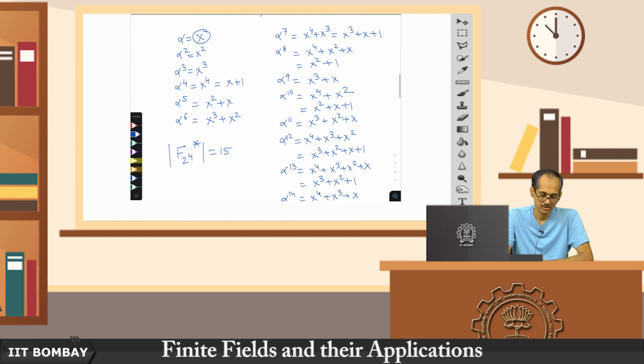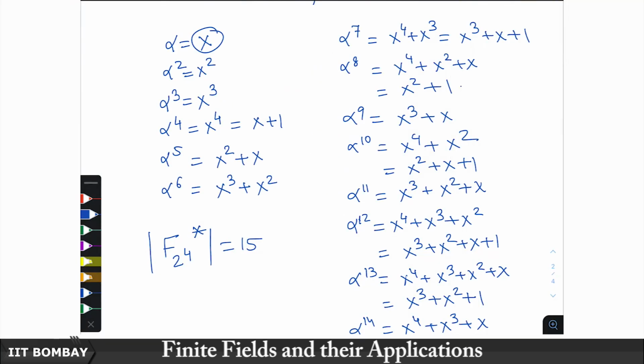So, here all those powers of x which are co-prime with 15 are also primitive elements. This is a primitive element, alpha square is a primitive element because the order of the group is 15 and 2 is co-prime with 15. Alpha power 3 is not a primitive element, alpha power 4 is a primitive element, alpha power 5 is not, alpha power 6 is not, because 6 and 15 have a common factor.